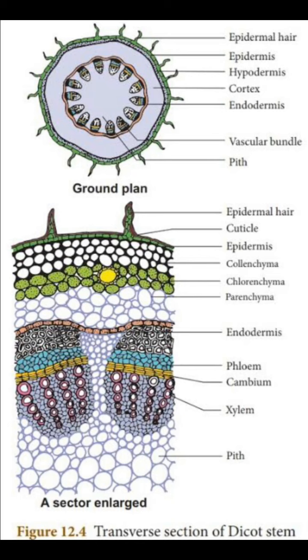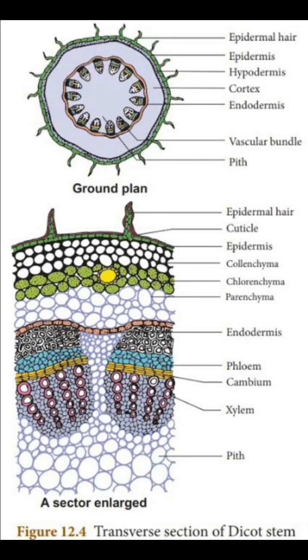The cells arranged in multiple layers between epidermis and pericycle constitute the cortex. It consists of 3 subzones. You can see on the screen, students, what those 3 subzones are. The outermost one is hypodermis, which consists of a few layers of collenchyma cells just below the epidermis, which provides mechanical strength to the young stem.